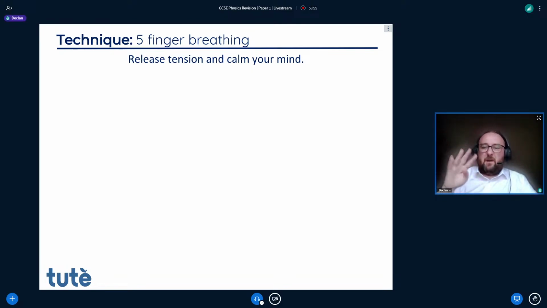If you're feeling a bit nervous having it in front of you, count to 5, breathing in and breathing out, or just hold it on your leg. Remember, if you've got really worked up, you've got 10 fingers. So after some electricity, you might want to use all 10 fingers.